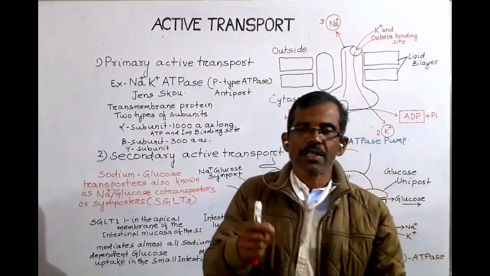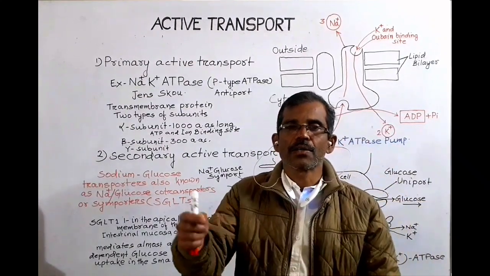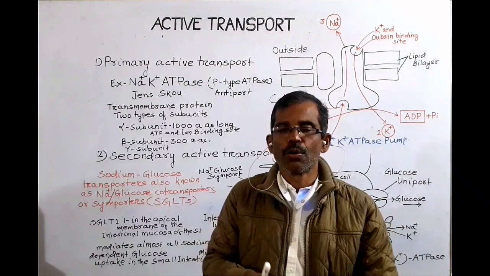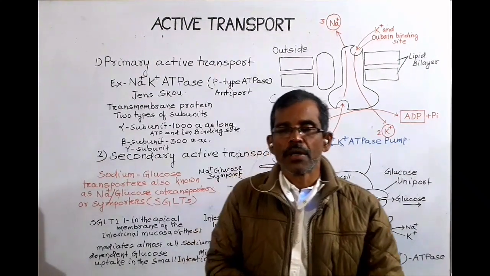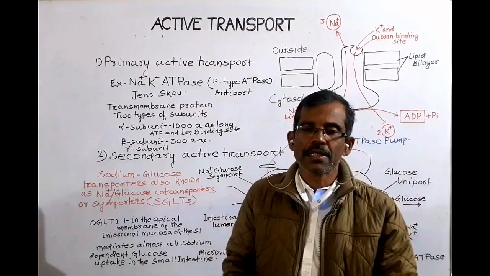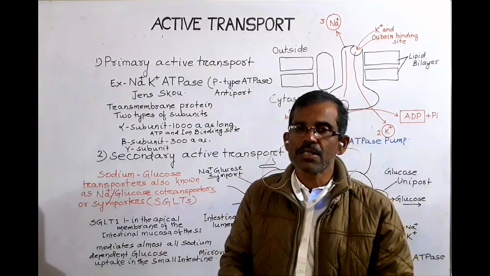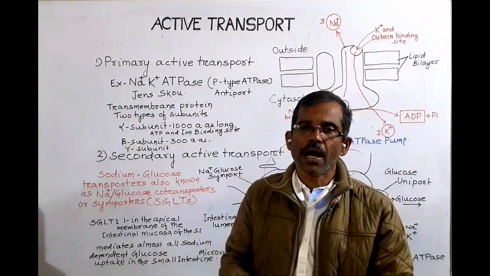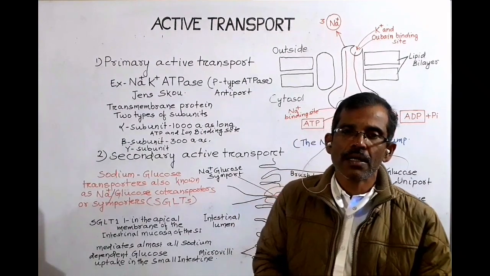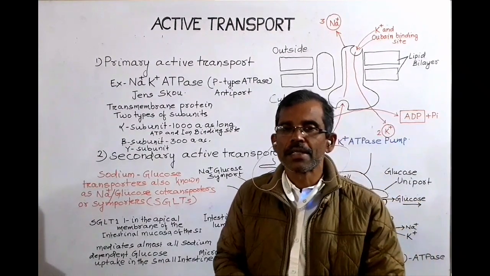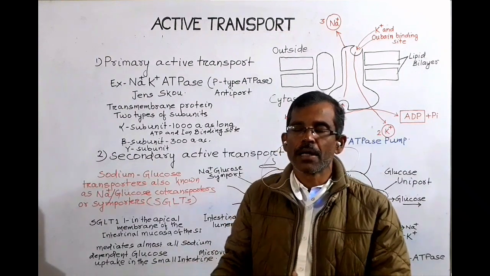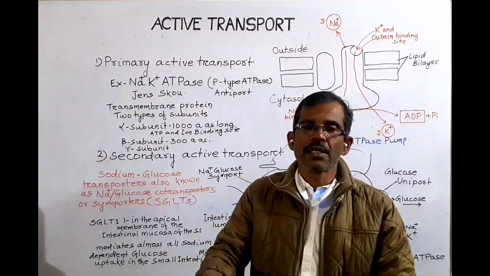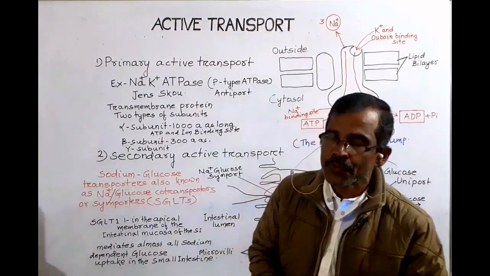Because this process takes place against the electrochemical gradient, it is dependent on energy input. In most cases, energy for active transport comes from the hydrolysis of ATP, but in a few cases, energy also comes from light or from an already existing ion gradient.